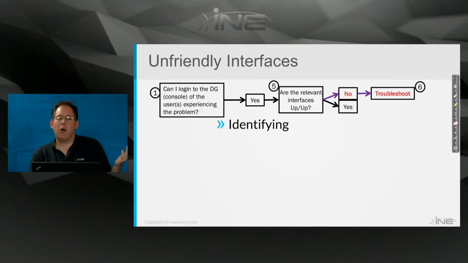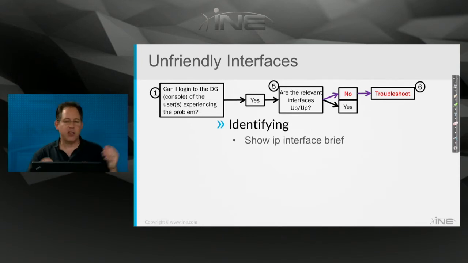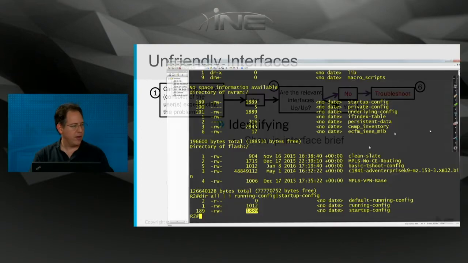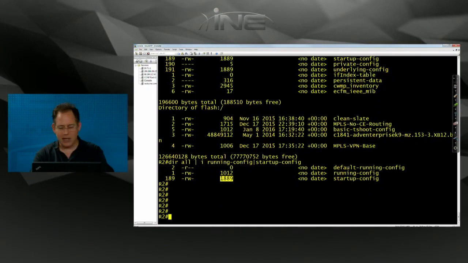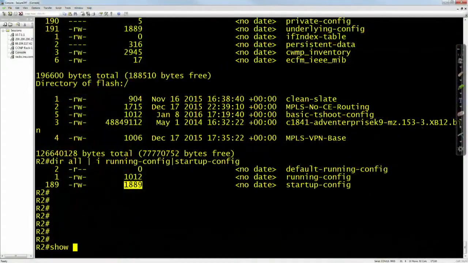Okay, so how would I identify if an interface is up? Well, my most favorite command is show ip interface brief. Of course, there are other commands as well, like show interface, but I find this one is a nice condensed view of my router, telling me what the interfaces are. So for example, in case you've never seen that command before, show ip interface brief.